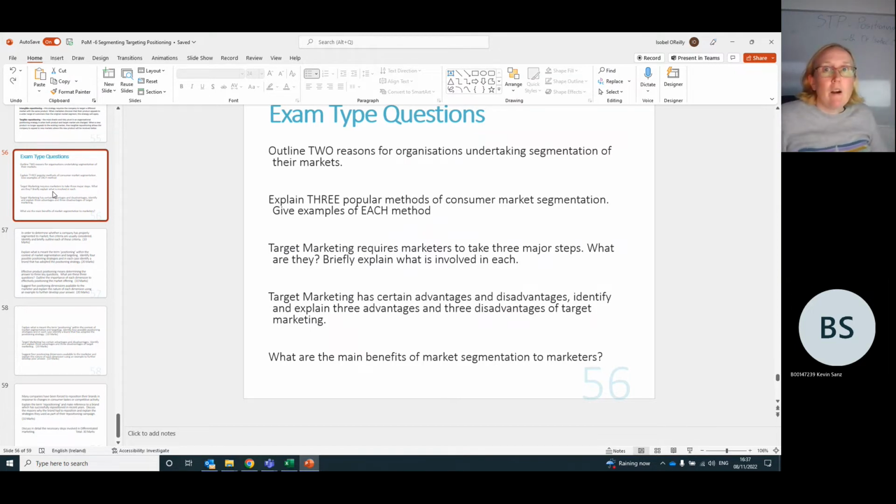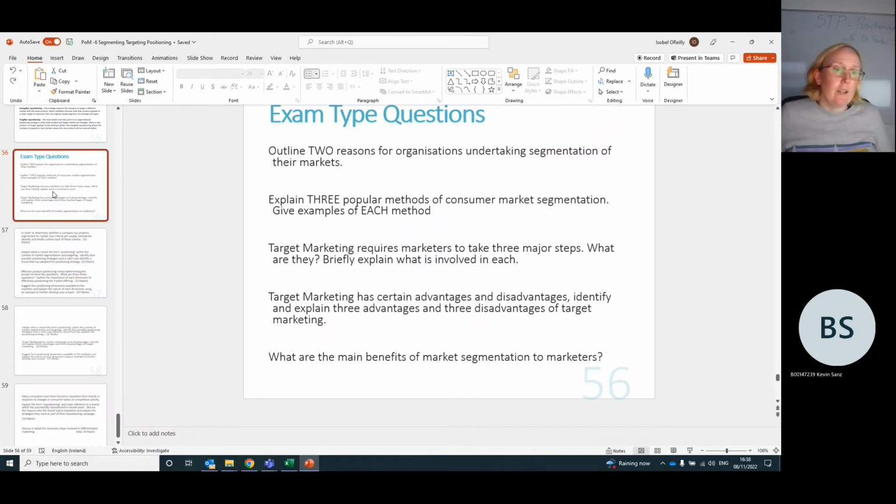Target marketing requires marketers to take 3 major steps. STP. What are they? Briefly explain what's involved. Target marketing, again, STP, has certain advantages and disadvantages. Identify and explain 3 advantages and 3 disadvantages of target marketing, and what are the main benefits of market segmentation to marketers.